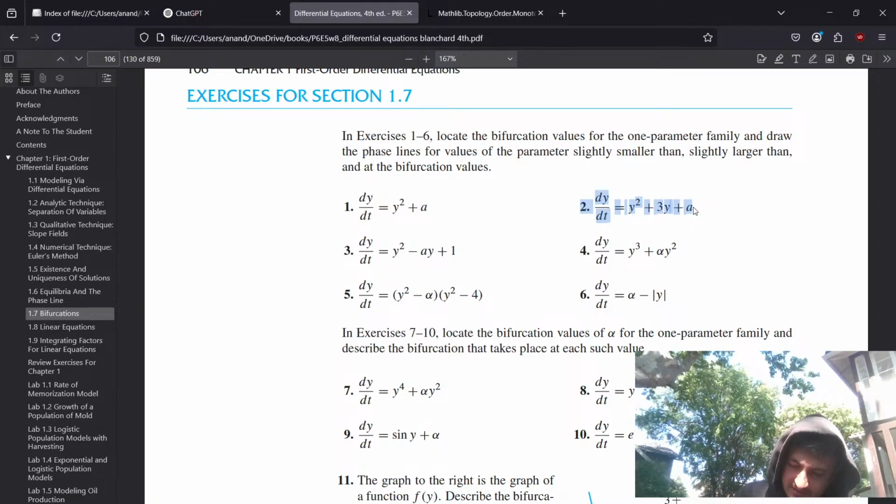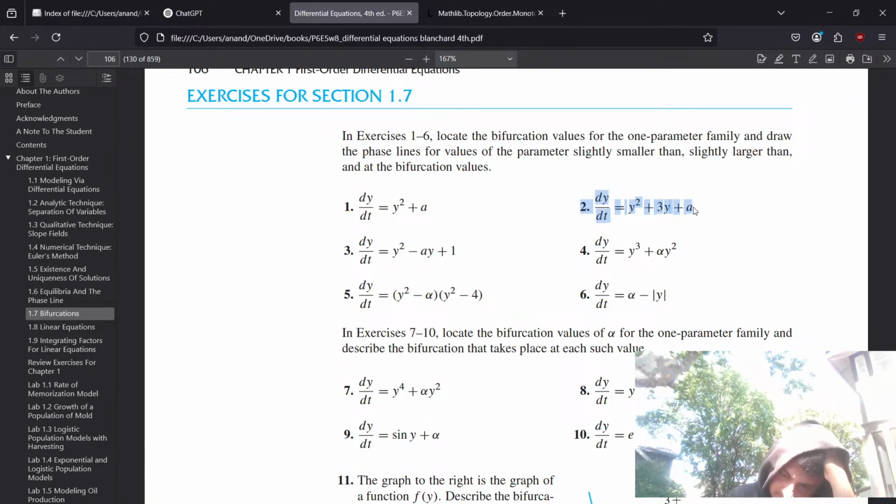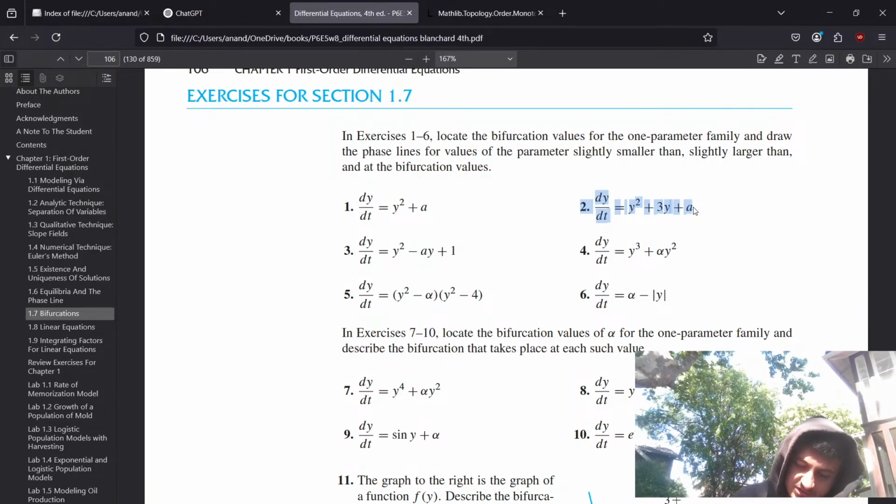This is going to be a is less than 9 over 4. So let's just pick a is equal to 0. So if a is 0, then we're going to get y times y plus 3, which has 2 roots, y equals 0 and minus 3.